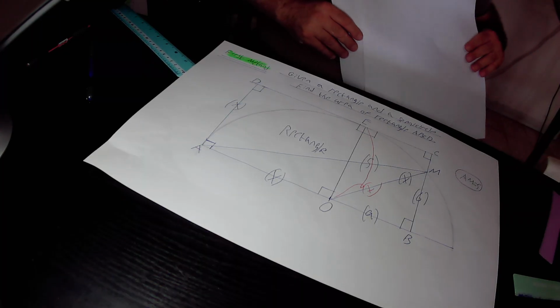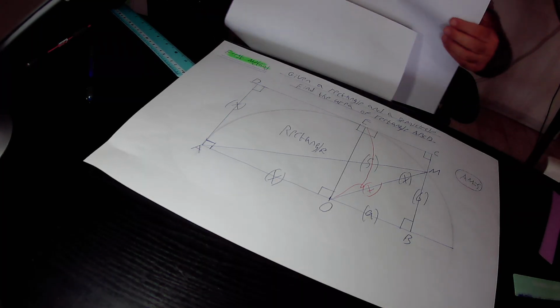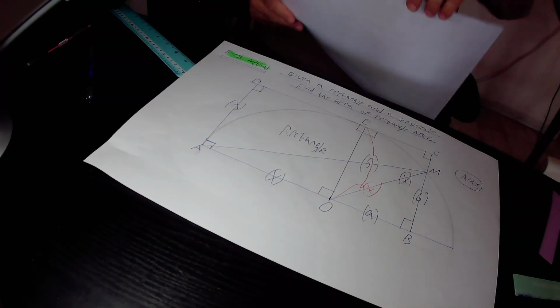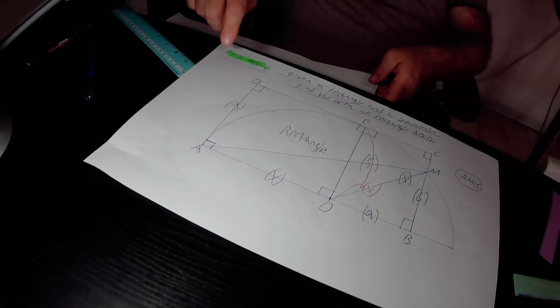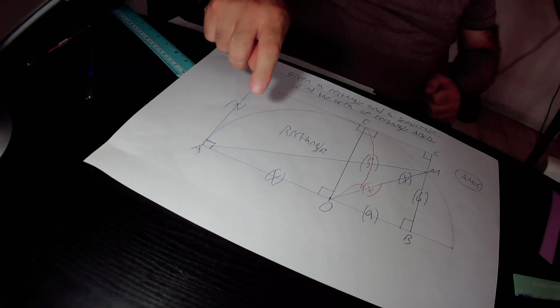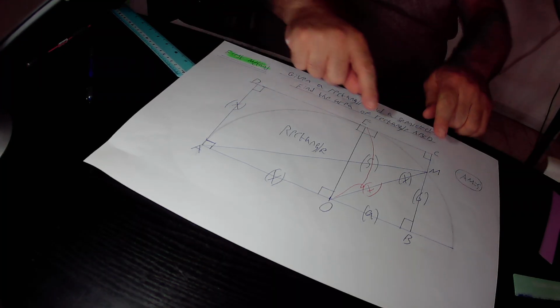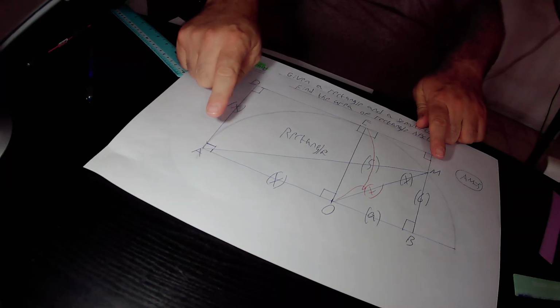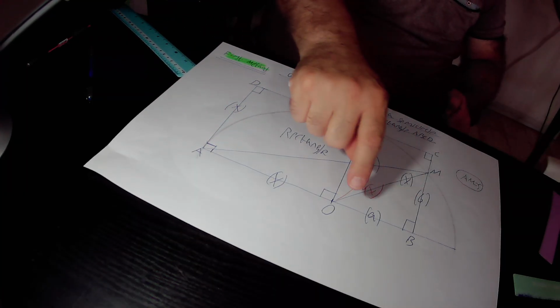Our mission in the second question is to find the area of this rectangle ABCD. So in the drawing, we have a rectangle ABCD, and also this semicircle. This is line segment AM, that is equal to 5 units in its length. Again, our mission is to find the area of this rectangle ABCD.